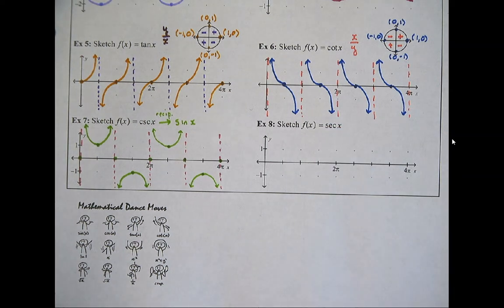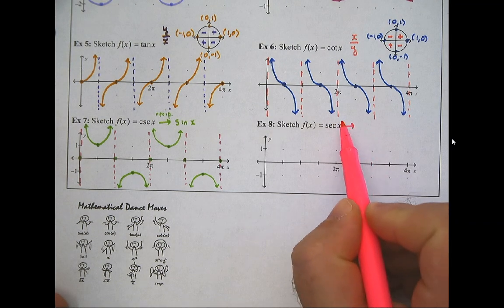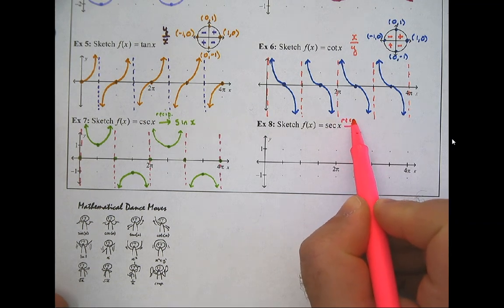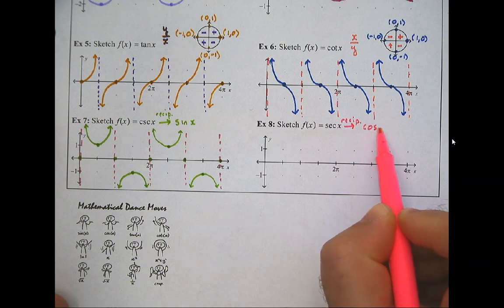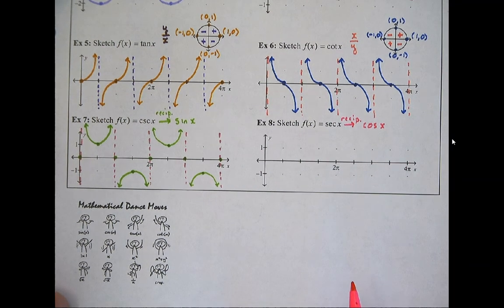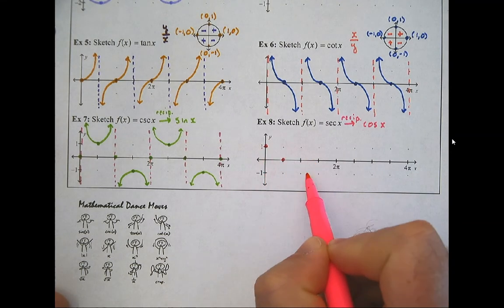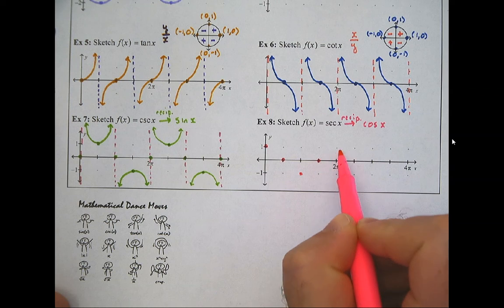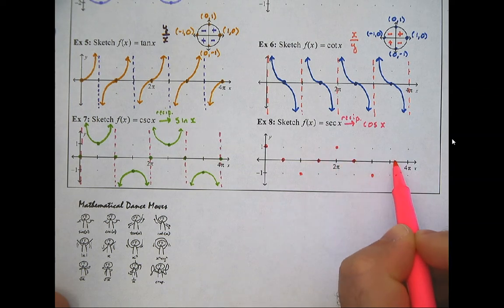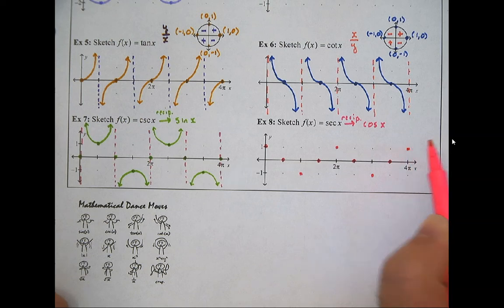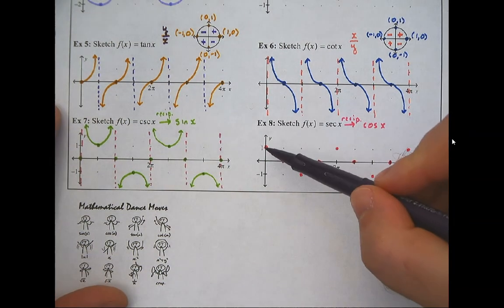secant is the reciprocal of cosine. So I'm going to sketch cosine first. Cosine starts at 1, goes down to 0, goes down to -1, back up to 0, back up to 1, down to 0, -1, 0, 1. Then I'm going to take these values, I'm going to reciprocal them. The reciprocal of 1 is 1.